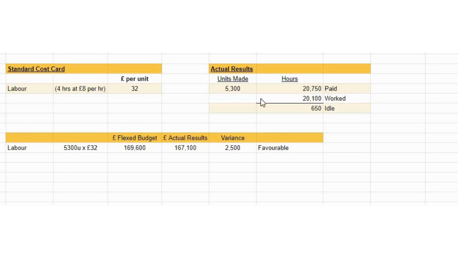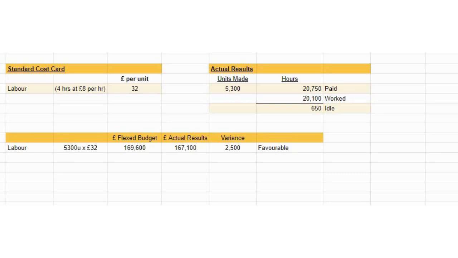The number of hours actually worked were 20,100. The number of hours paid but not worked, idle time, was the difference, which is 650 hours of idle time. And here I just copied over the flexed budget, and the actual results and the total variance. So there are three variances for labour.